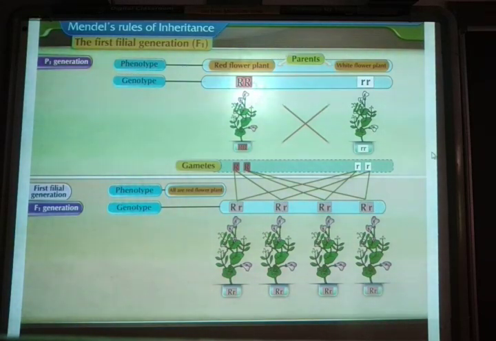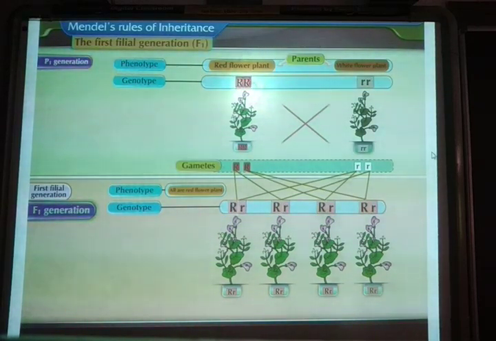In this experimental cross, red-colored F1 plants are similar in their phenotype but different in their genotype in comparison to the red-colored parental P1 plant. That is, P1 plants are capital R, and F1 plants are capital R, small r.